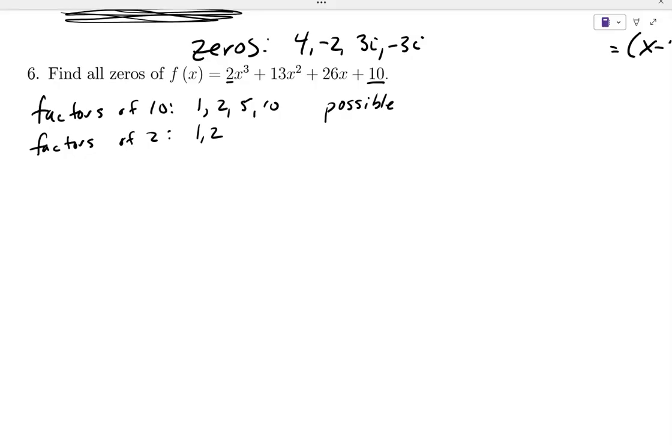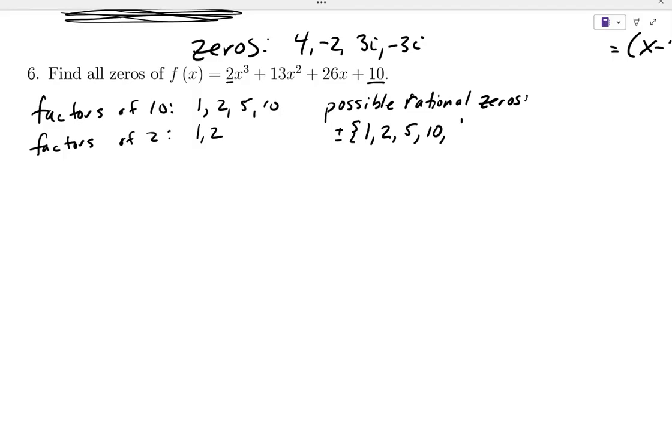And then remember, to get all your possible rational zeros, we will form all of the fractions that we can by taking the factors of the constant, so in this case, the factors of 10, and put it over all the possible denominators, which will be the factors of 2. And then we do plus or minus all of those, because it could be positive or it could be negative. So we'll do 1 over 1, 2 over 1, 5 over 1, and 10 over 1.